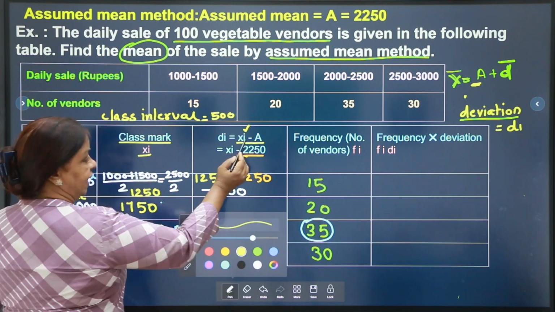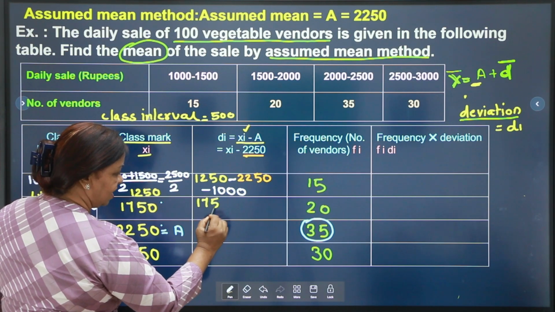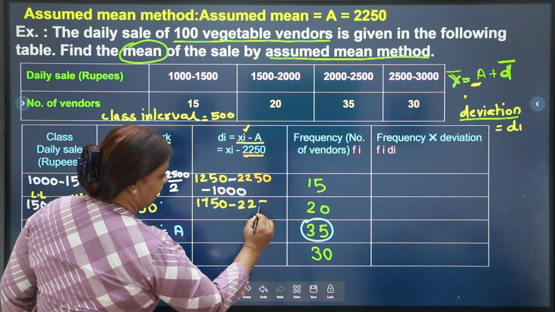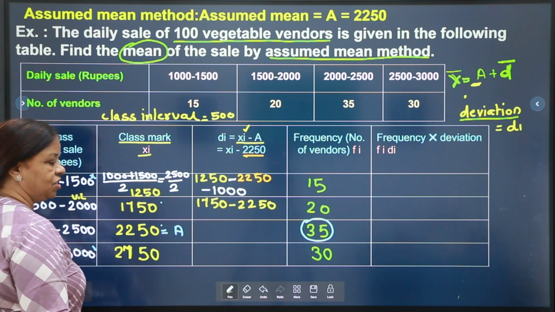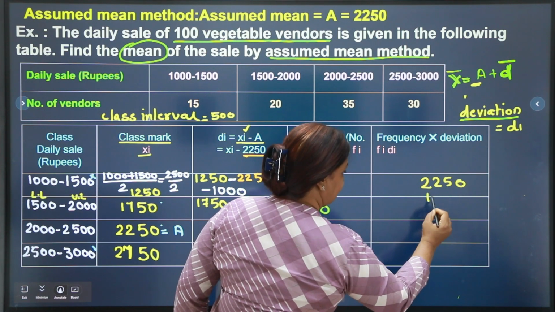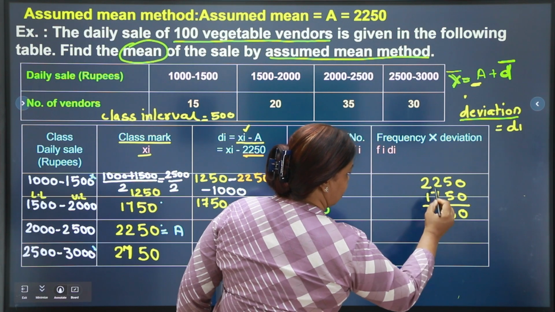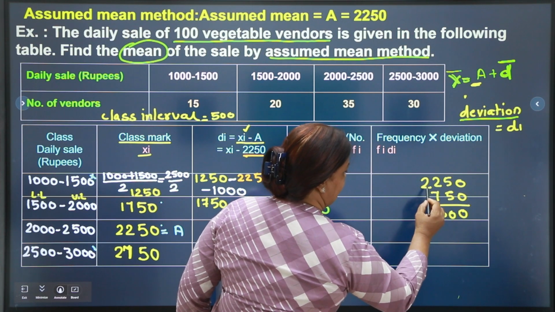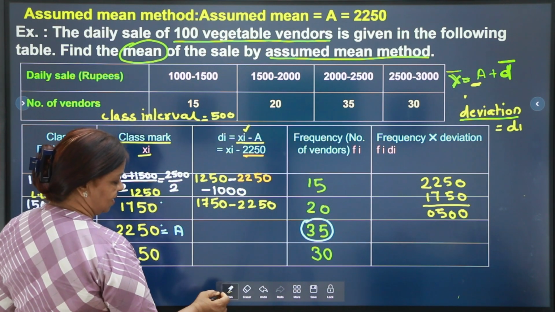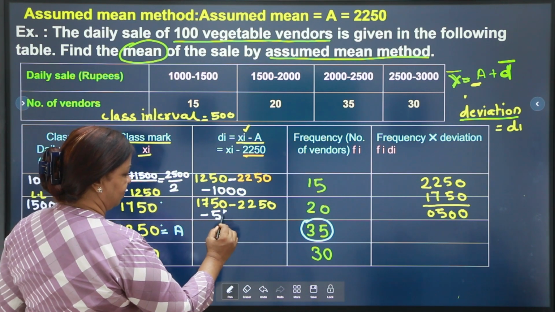Now the second value, xi minus a. The second xi is 1750. 1750 minus a, and a is 2250. Again subtraction: 2250 minus 1750. Here it will be 0, 0, 12 minus 7 is 5, and 1 minus 1 is 0. The sign of the greater number is minus, so minus 500.